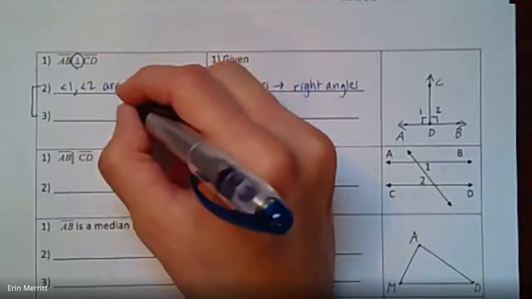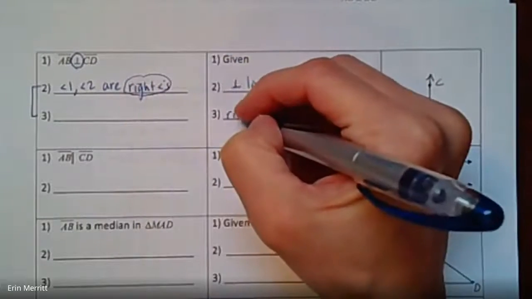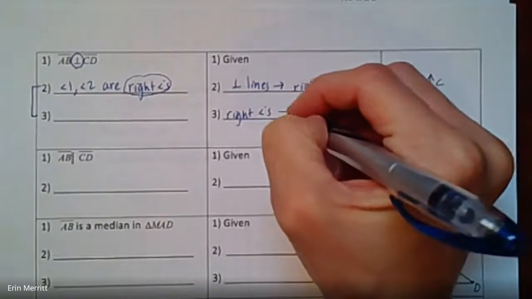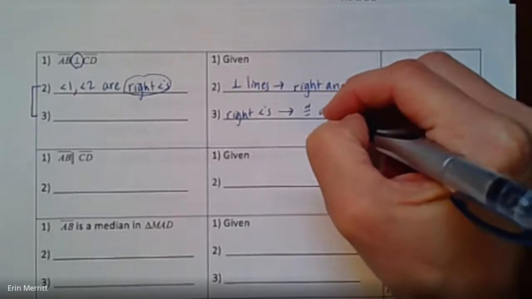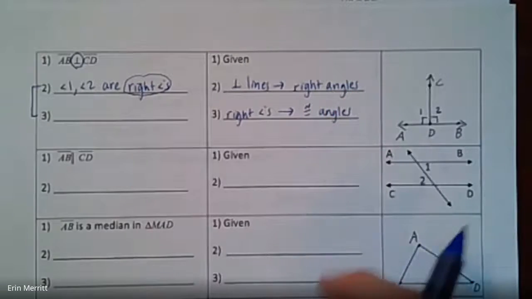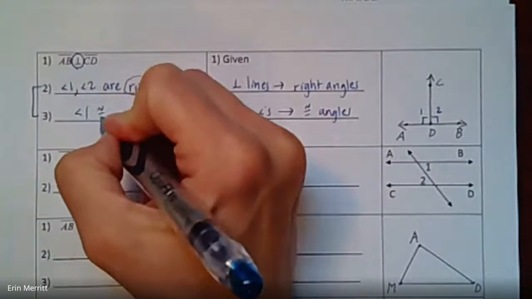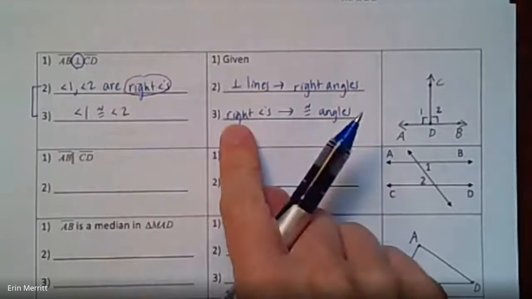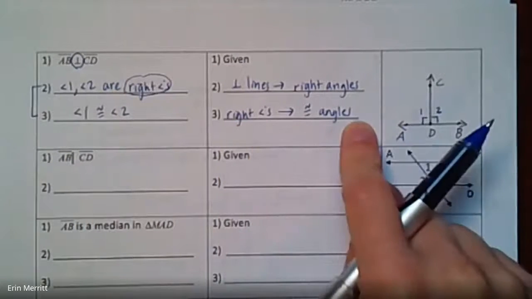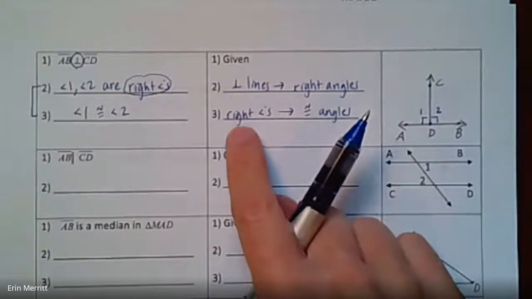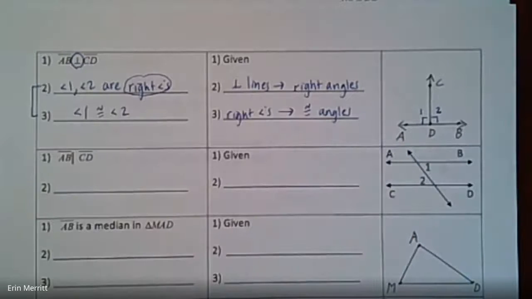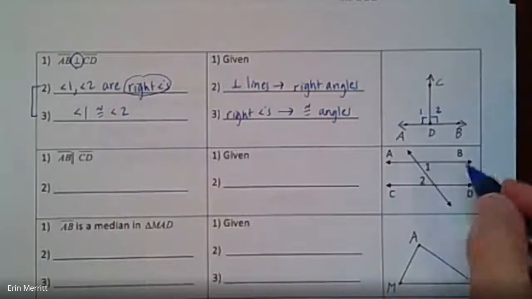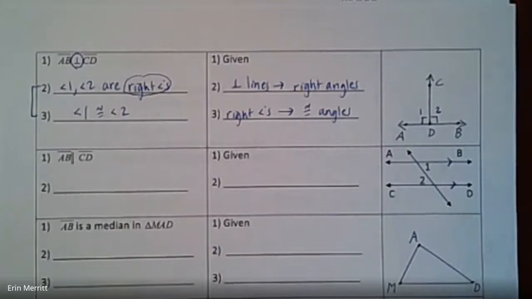Now here's the vocab term. Let's keep rolling with it. Right angles implies that they have to be congruent to each other. And so I can say angle 1 is congruent to angle 2 because right angles have to be congruent to each other. You could literally write the statement, all right angles are congruent, but we like this little implication notation here. All right. For the next one, you have AB is parallel to CD. In the diagram, you can use the arrows to show that.